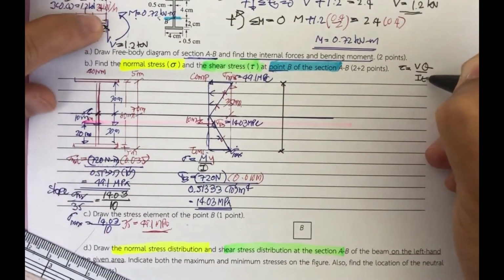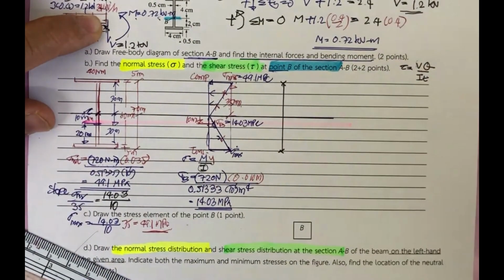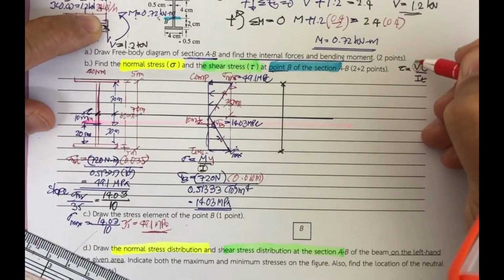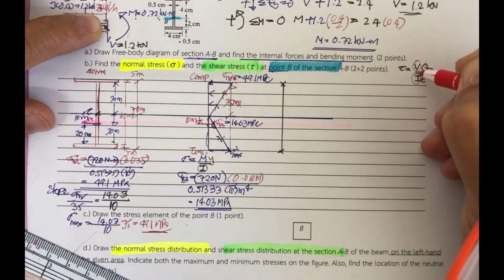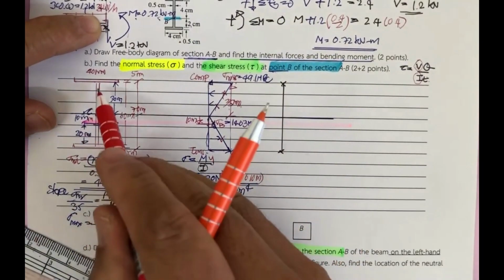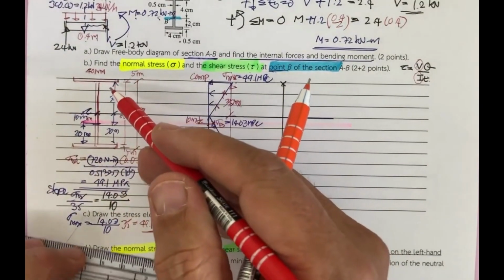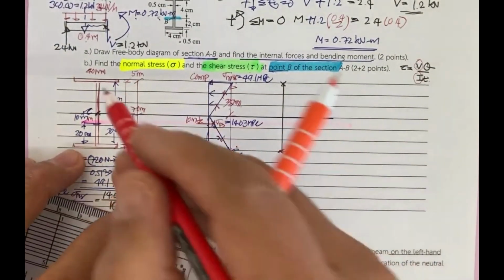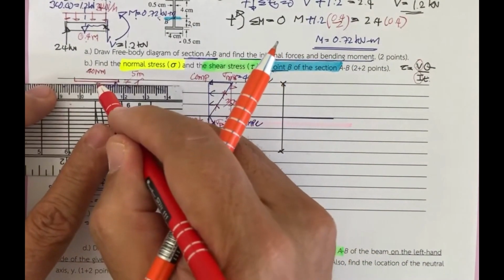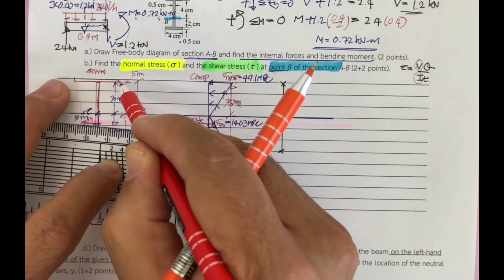On a given section, V is going to be constant and I is going to be constant, and then Q and T are going to vary. If you consider this section, the joint between the web and the flange has different widths.